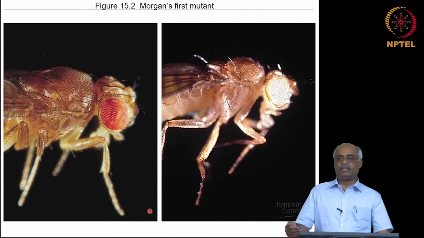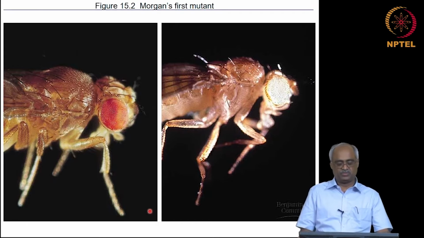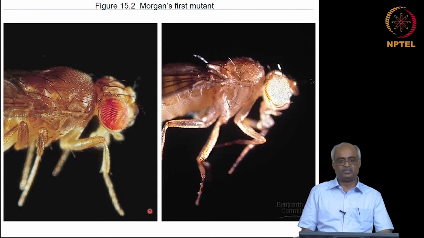So there is another piece of evidence that conclusively proved that genes are on chromosomes, that came from Morgan's work. I think I mentioned this earlier, while talking about preformation and epigenesis.